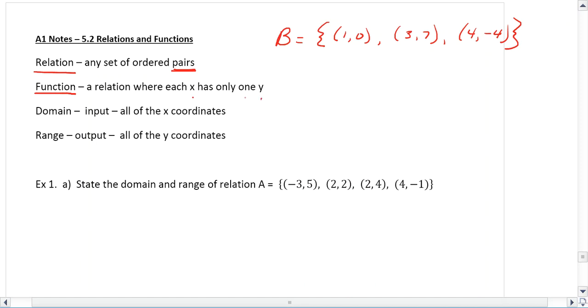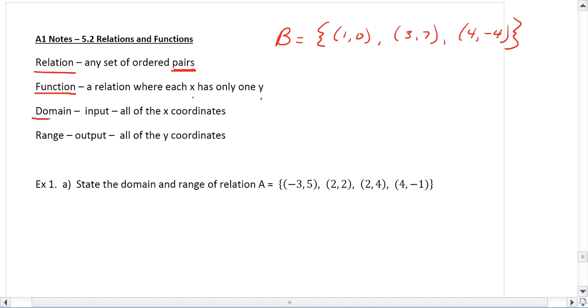Now, in my joke, in the function definition, the vice versa is not true. In real life it is, but in this definition of functions, a y can map to more than one x, and that's okay. But each x can only map to one y. And we'll look at that in a picture here in just a moment with some mapping diagrams.